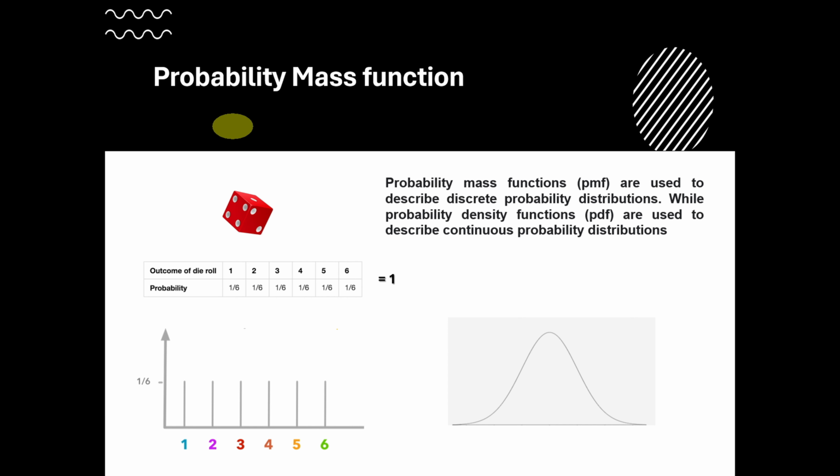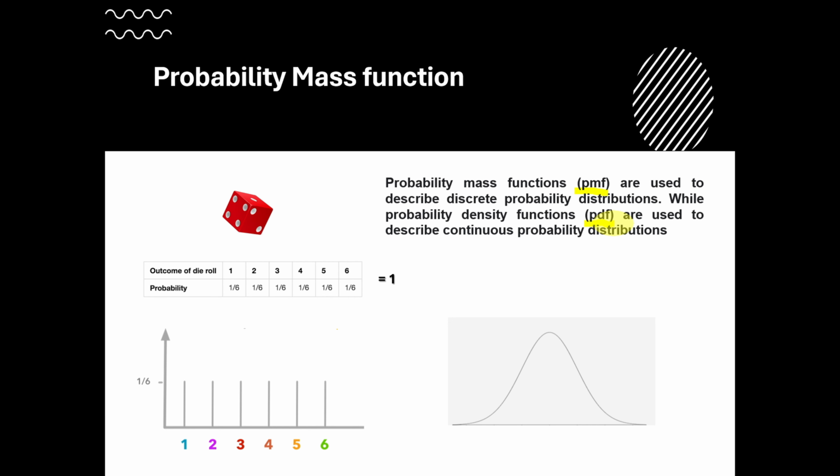Now let's understand what is probability mass function. Probability mass functions are used to describe discrete probability distributions, while probability density functions are used to describe continuous probability distributions. In your exams, you can have a question about PMF, probability mass function, and PDF.